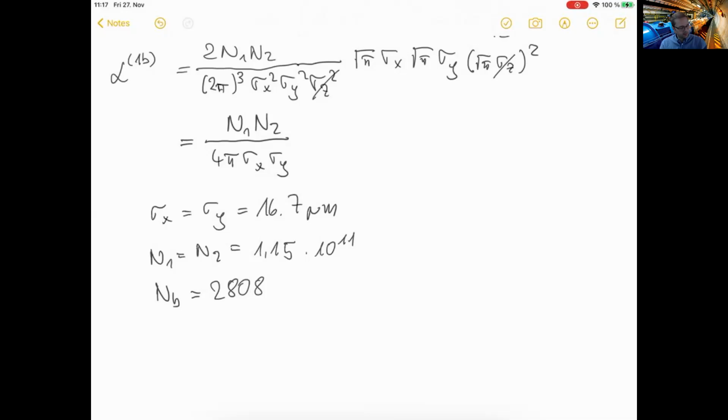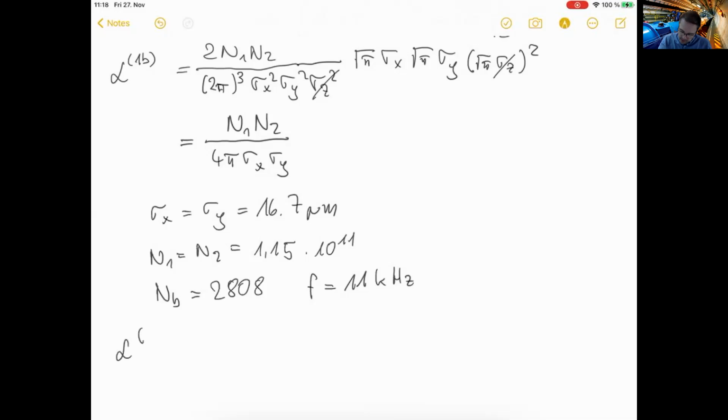And the revolution frequency of a single bunch, because the circumference is 27 kilometers, and the speed of light, it follows that the revolution frequency is very roughly 11 kilohertz. So a single bunch comes back with a frequency of 11 kilohertz at the specific interaction point.